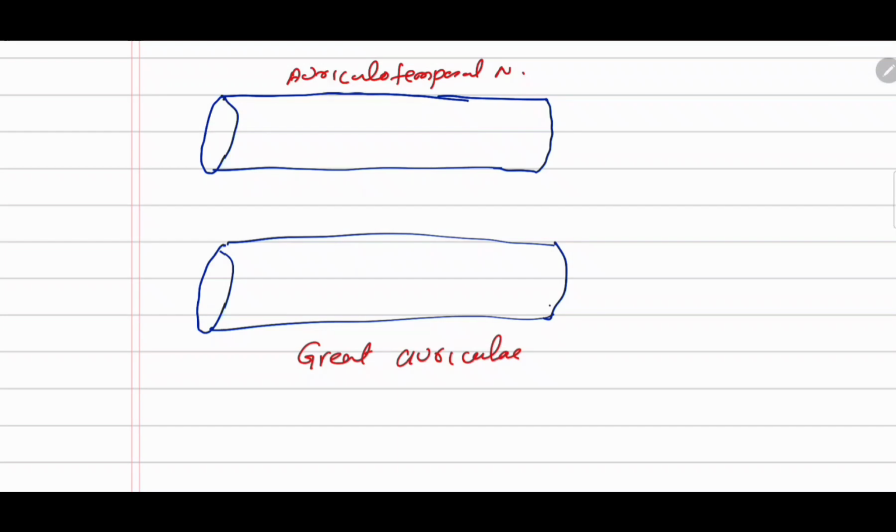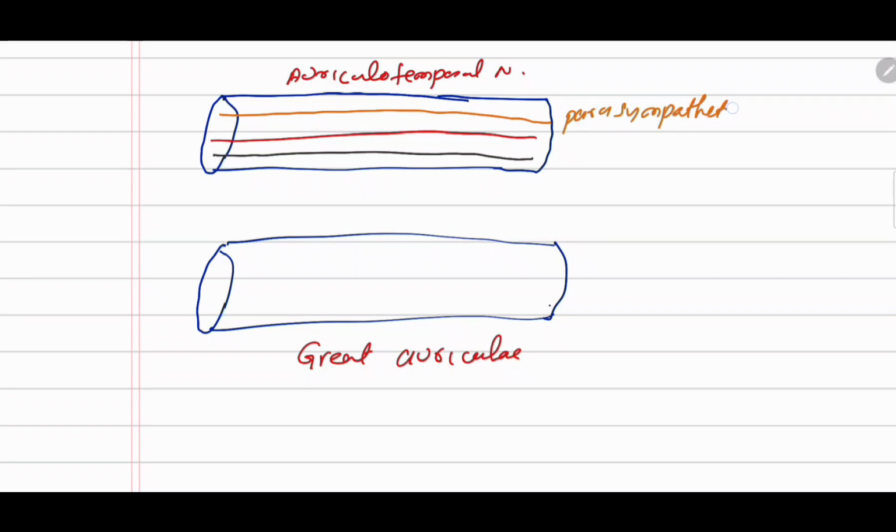And what are the fibers present in these nerves? The auriculotemporal nerve consists of three types of fibers: parasympathetic fibers, sensory fibers, and sympathetic fibers.